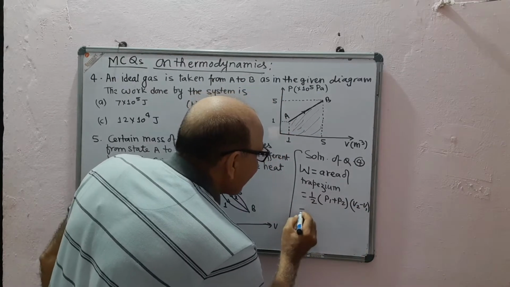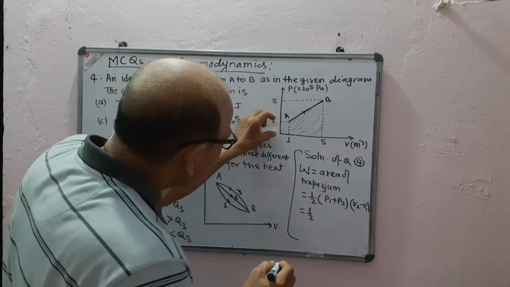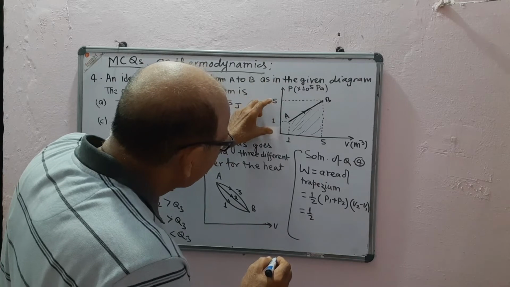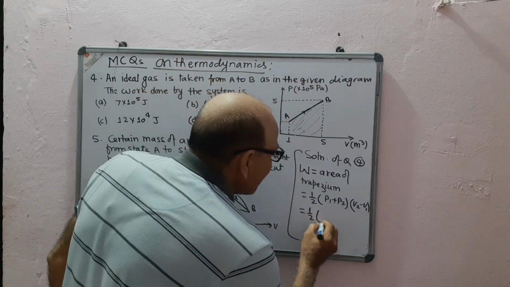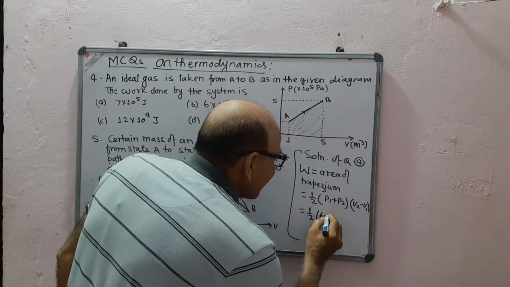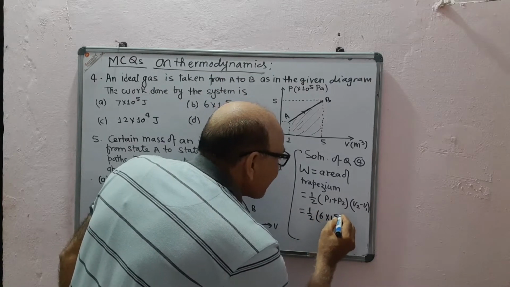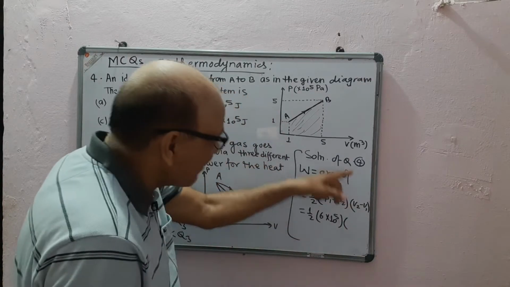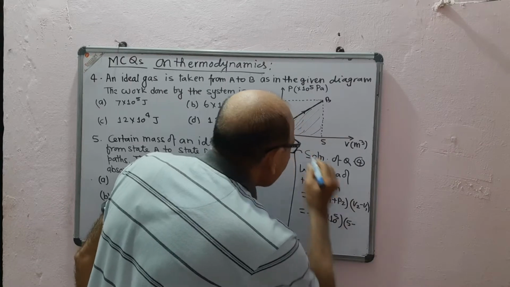So 1 by 2, P1 is 1 into 10 to power 5, P2 is 5 into 10 to power 5, so this becomes 6 into 10 to power 5, and V2 minus V1 is 5 minus 1, which is 4.